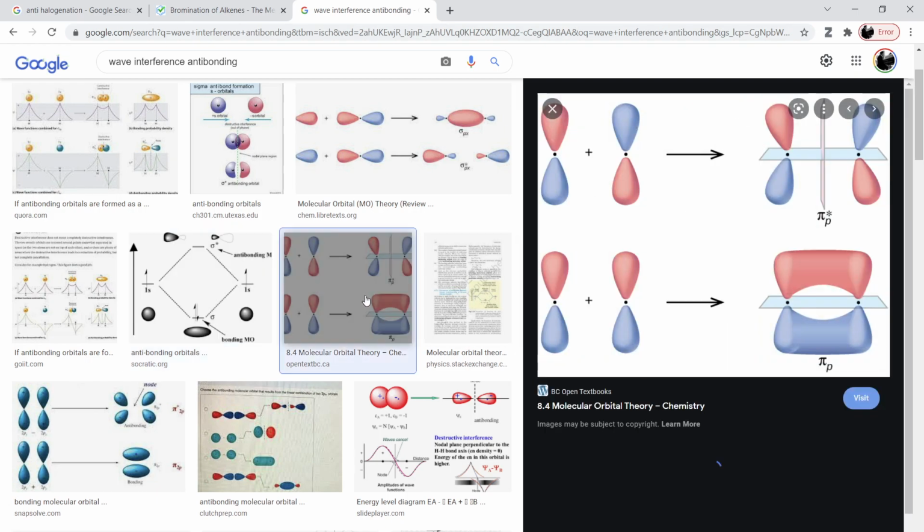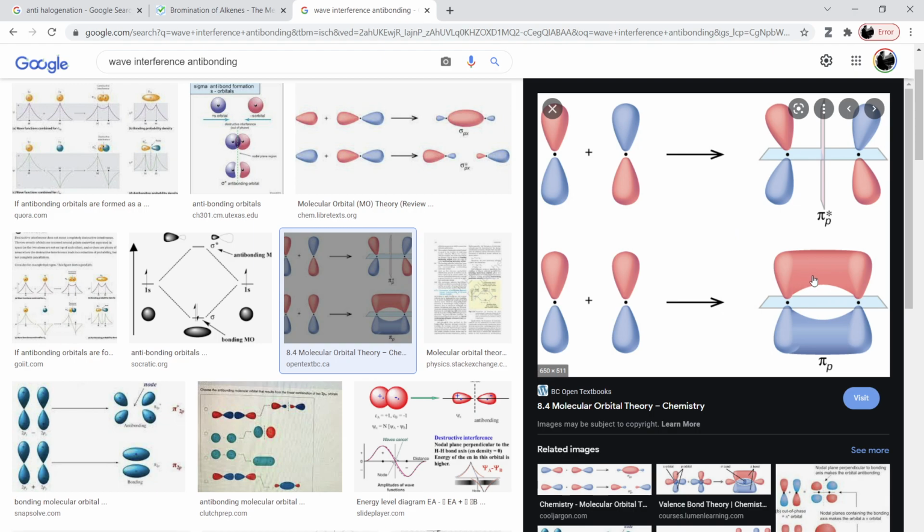And we're going to see the same thing for pi. When our phases are aligned, we get nice pi bonding. When they are out of alignment, when they're out of phase, they destructively interfere. And as a result, we get anti-bonding happening between them. Okay, so that's the idea here.